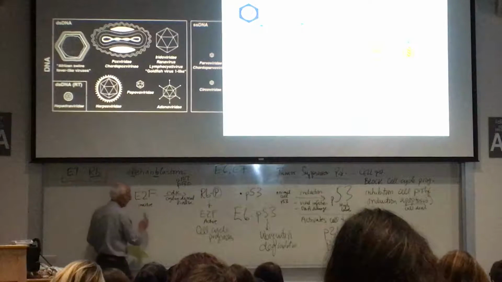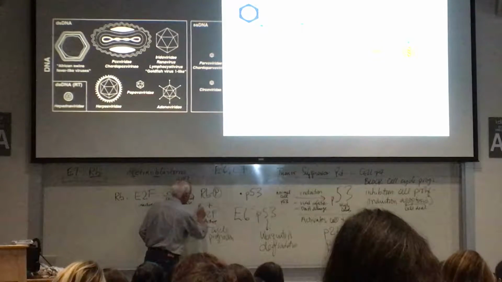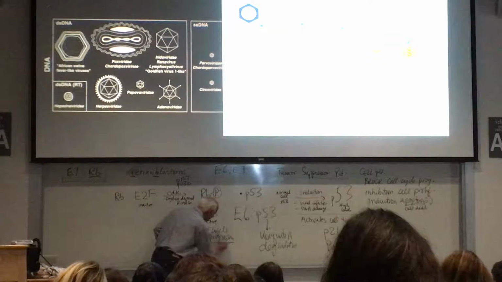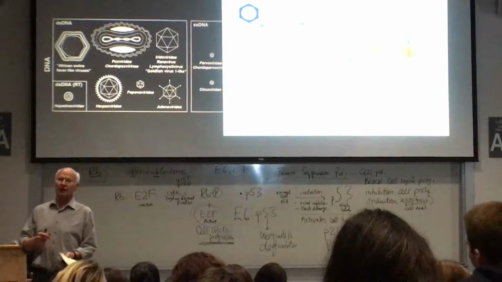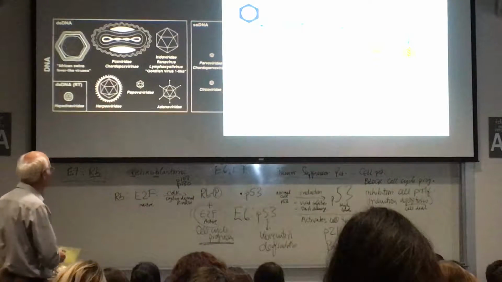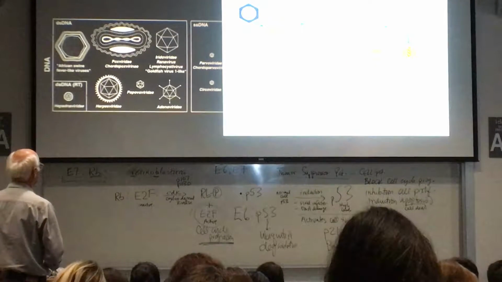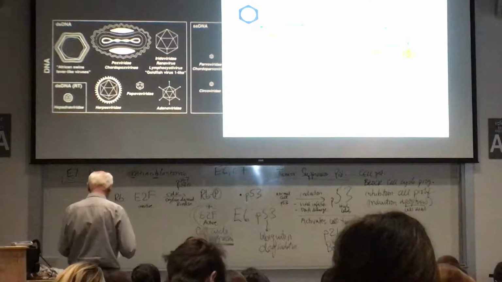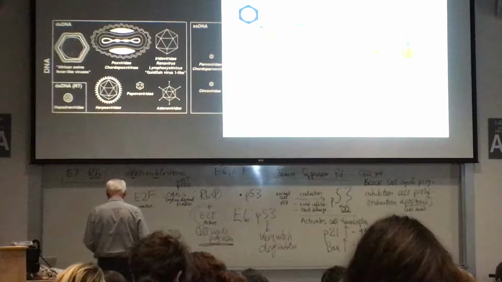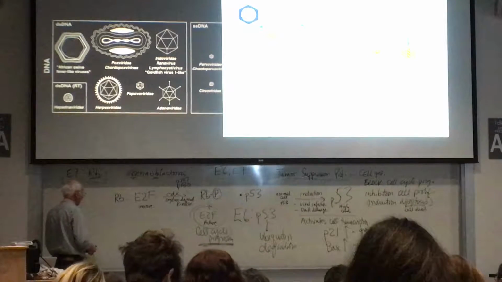And so consequently, you have E2F that's free, that's active, so it's mediating this cell cycle progression. So that's how the oncoprotein E7 of the highly oncogenic strains of HPV works, by inactivating RB.